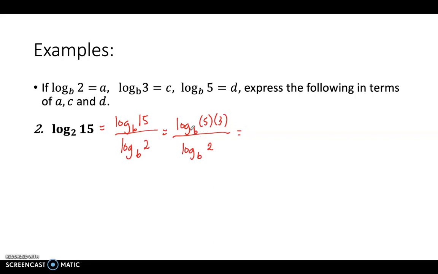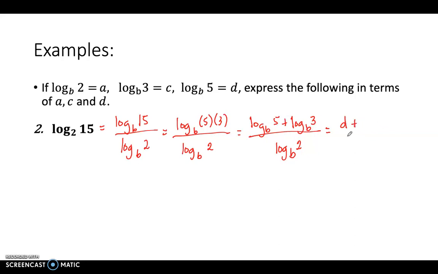We can express it as the sum of the logarithms. So we could write it as logarithm of 5 base B plus the logarithm of 3 base B, all over the logarithm of 2 base B. What is logarithm of 5 base B? That's equal to D. What is the logarithm of 3 base B?